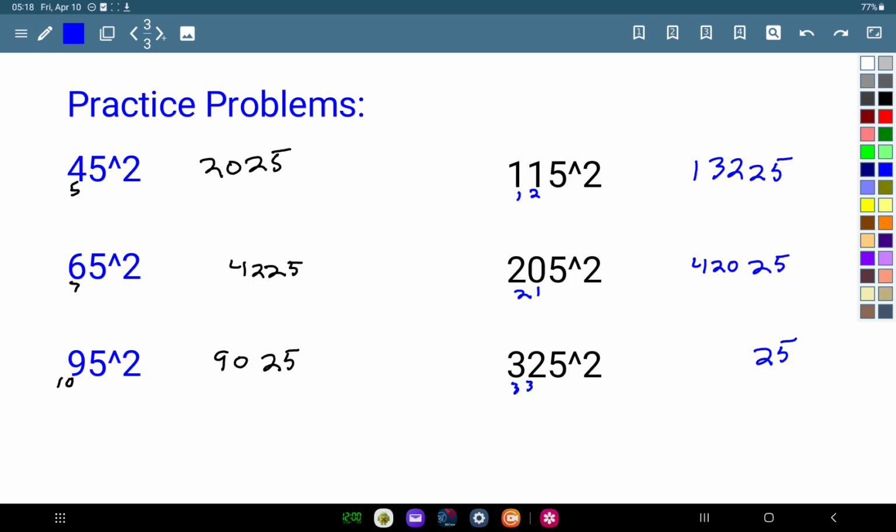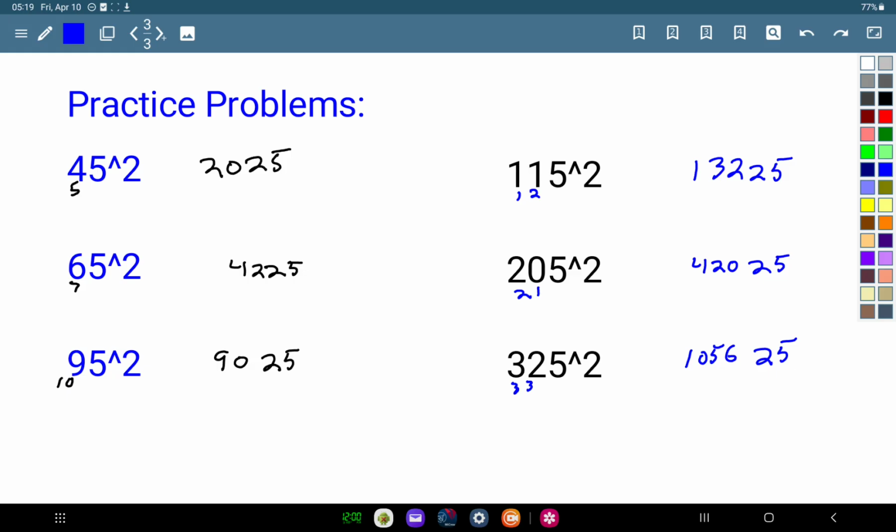But if you already know that 32 times 32 is 1,024, you can just add 32 to that and get 1,056. In which case I turn that into an addition problem because I already know 32 squared mentally. So I get 105,625. That is the whole thing.